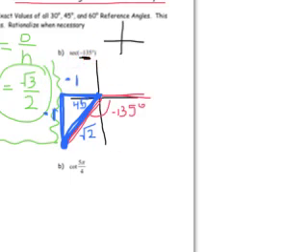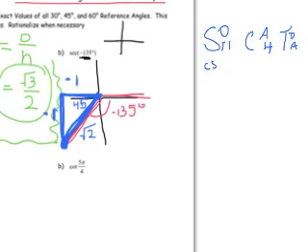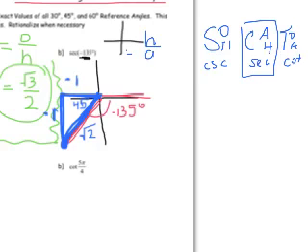Secant of -135. So secant, if you want to remind yourself, is SOHCAHTOA, and then this is cosecant, this is secant, and this is cotangent. So secant is the reciprocal of cosine, so this is h over a.